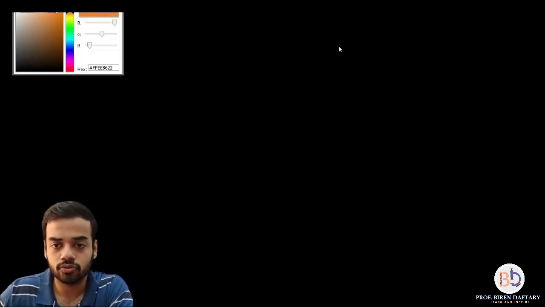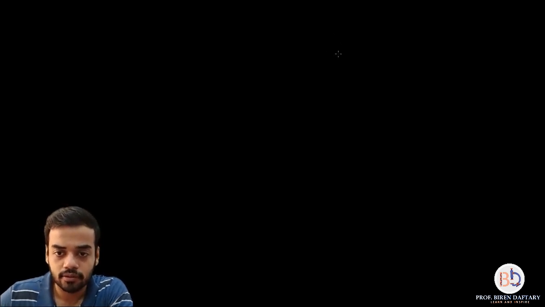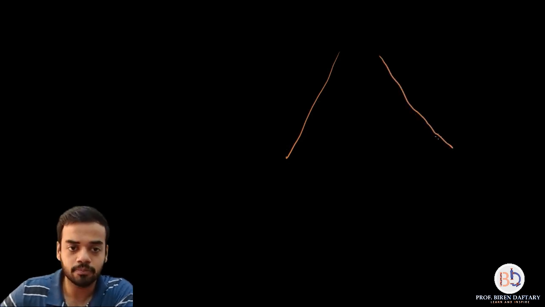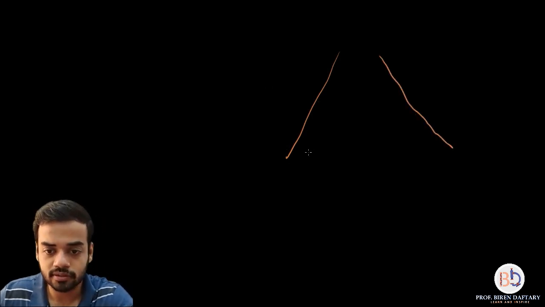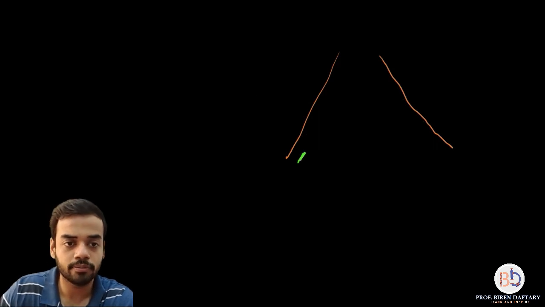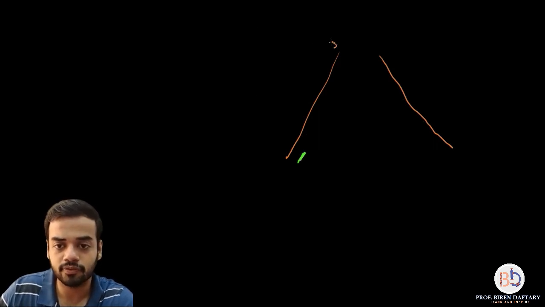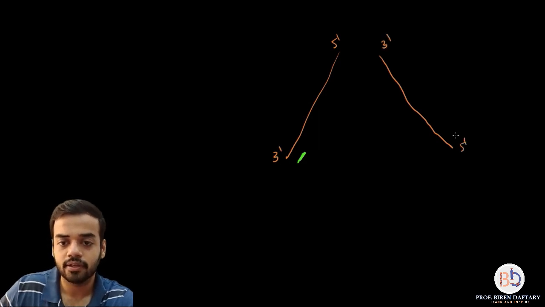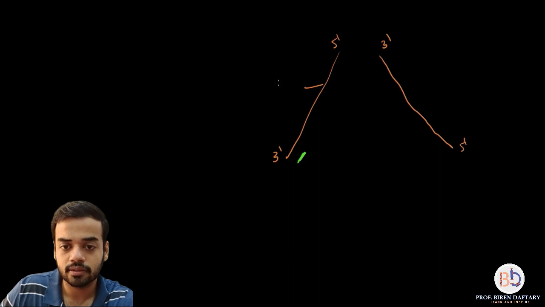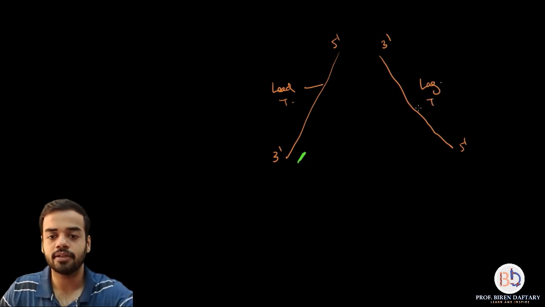Okay, so this is one strand which is completely unwound, this is the other strand which is completely unwound, or let me just name the strands. This is 5', this is 3', this is 3', this is 5'. Okay, this is the leading template and this is the lagging template, correct?